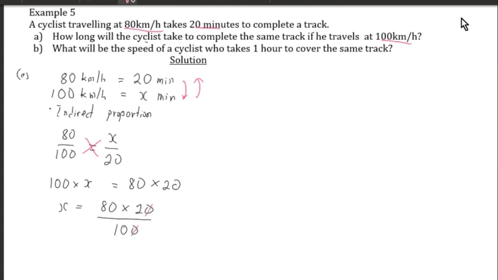One at the top, one at the bottom, and I end up with just 8 times 2 over 1, and that will be equal to 16 minutes. Therefore the cyclist will take 16 minutes if he travels at 100 kilometers per hour.